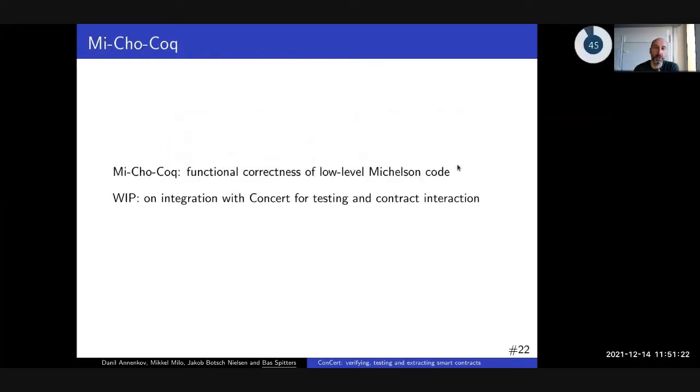Here's a collaboration with the Mi-Cho-Coq team. Mi-Cho-Coq is a verification framework in Coq for low-level Michelson code. And we have work in progress on actually integrating this with ConCert, because then we can use the ConCert testing framework, and we can also use the contract interaction that we have available in ConCert.